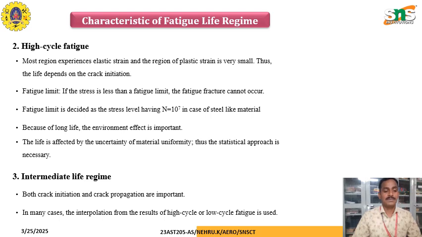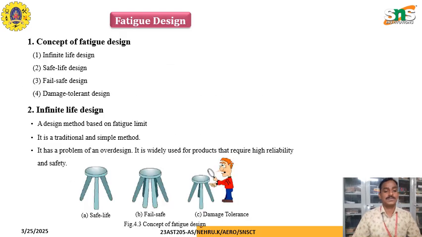The life is affected by the uncertainty of the metal uniformity, thus a statistical approach is necessary. In the intermediate life region, both crack initiation and propagation are very important. In many cases, interpretation from the results of high cycle and low cycle fatigue is used.